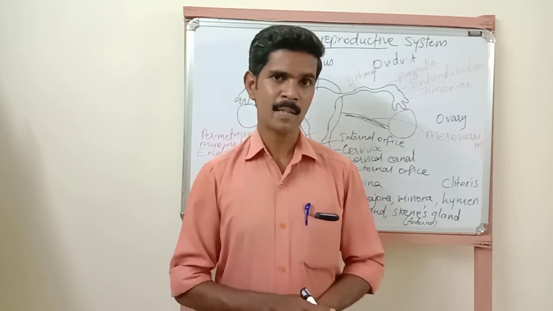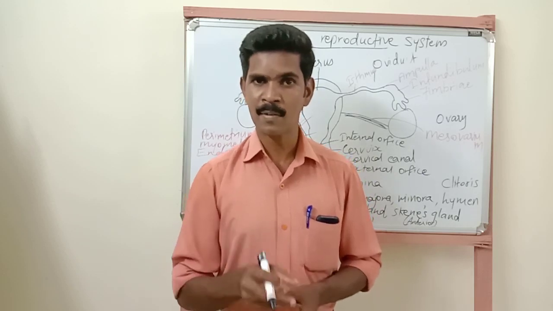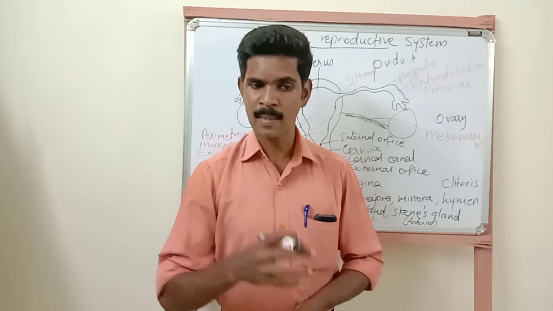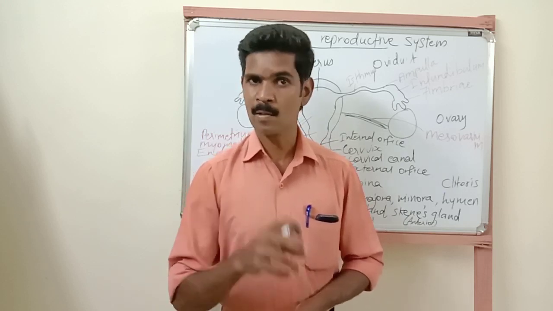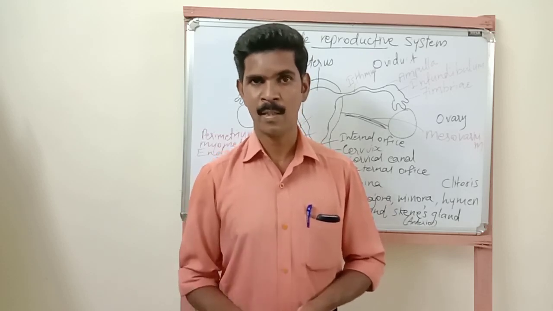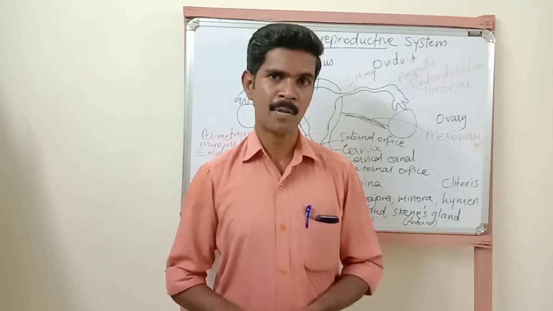Here, fetus means a small embryo, a small baby or young one developing inside the uterus of the mother. This fetus receives food from the mother through the female reproductive system. So this is the additional function of the female reproductive system.